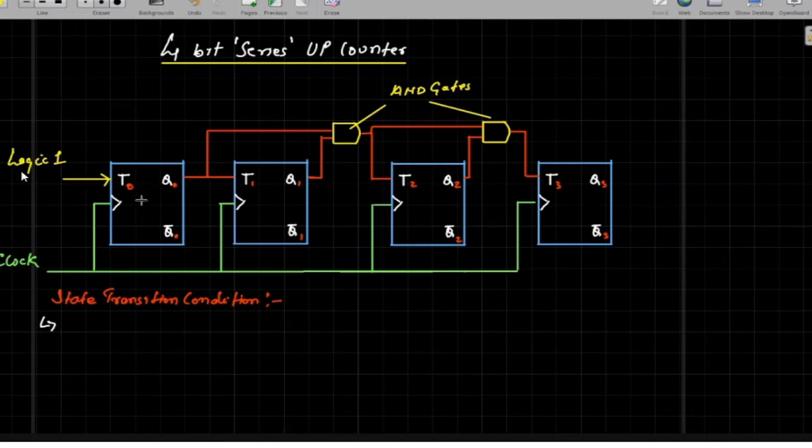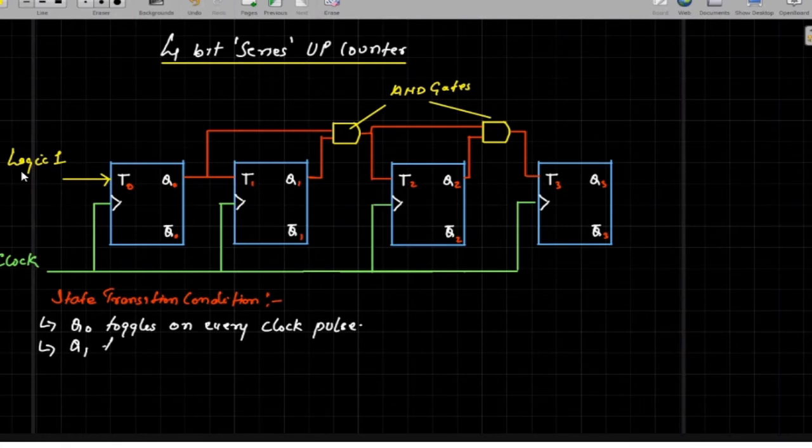So what can I write? I can write in this way: this Q naught output toggles on every clock pulse. Now second, when does your Q1 toggle?